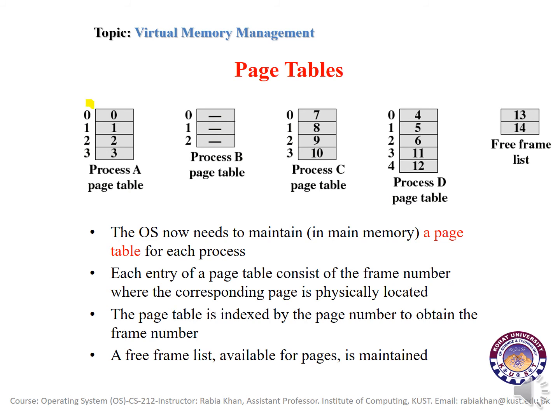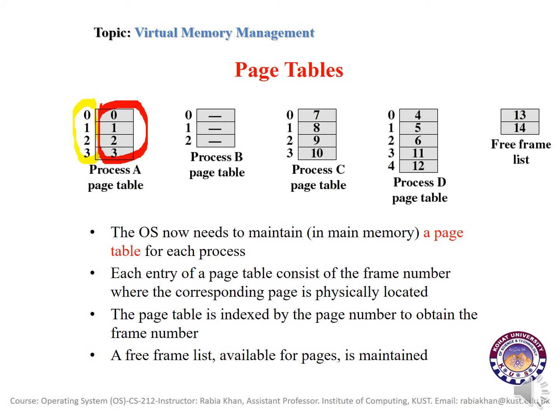So here you can see these are the page numbers which are used to access the respective frame number for the specific page, and the numbers within the table are actually the frame numbers. So the ones highlighted in red are the frame numbers.